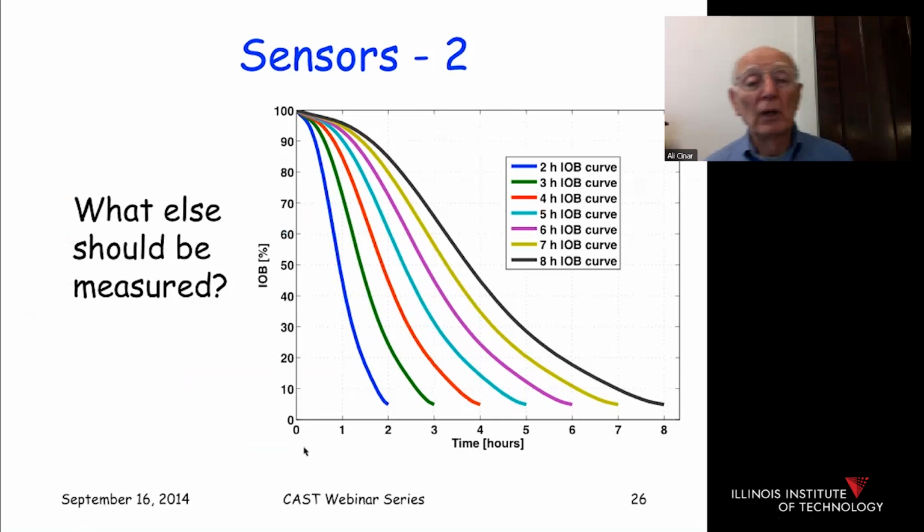So one of the questions would be, what else should be measured? One way to start that conversation is to look at this curve. IOB stands for insulin on board, and it shows how much insulin on board is available for people who have different metabolic characteristics, and also depending on the type of insulin used, the survival of this insulin in the body will increase.